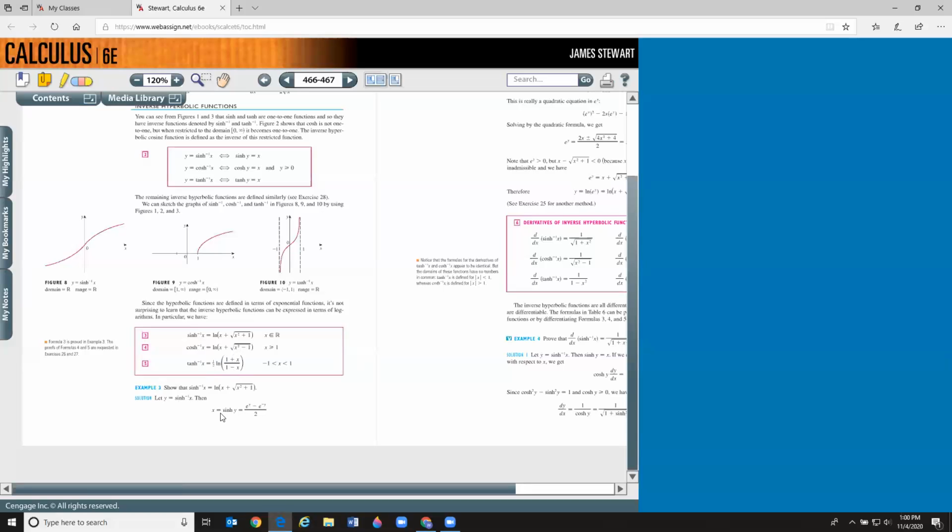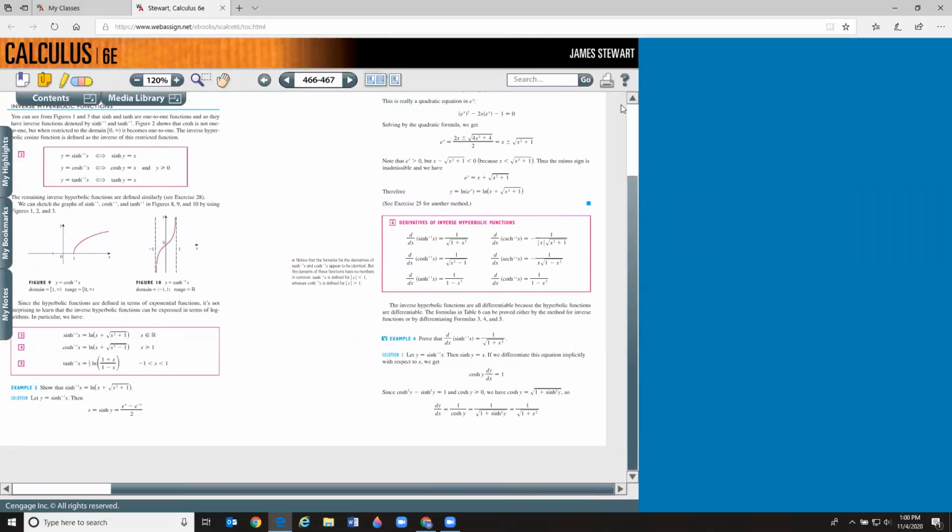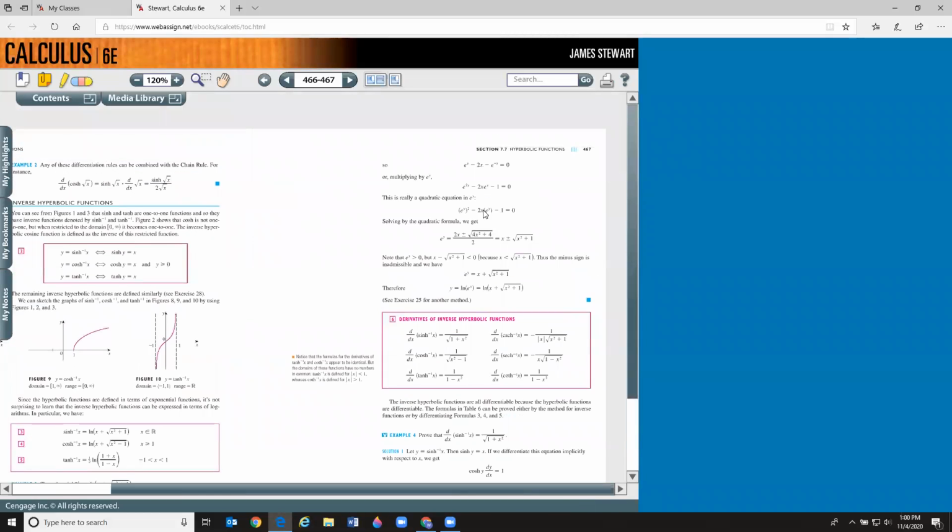And then take the sine of both sides, and from there, you're going to do some fairly complicated algebra and solve for that brand new y. You'll see that that's what you get.